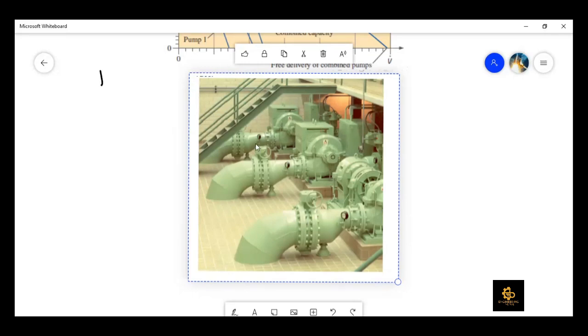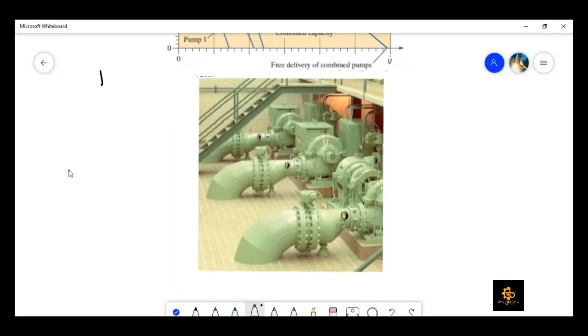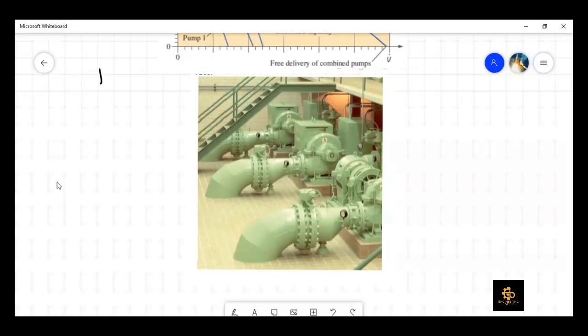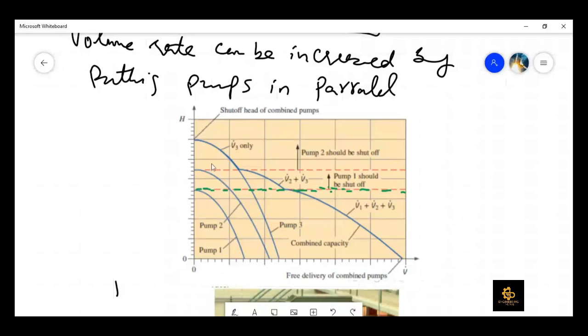So then this discussion of having pumps of different capacities wouldn't be there. In that case, there would be only one curve for several pumps, and only one shut-off head for the piping system, if the same pumps are put in parallel. Right.